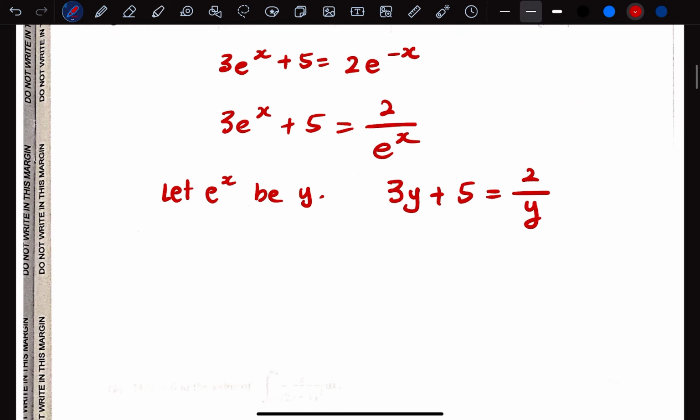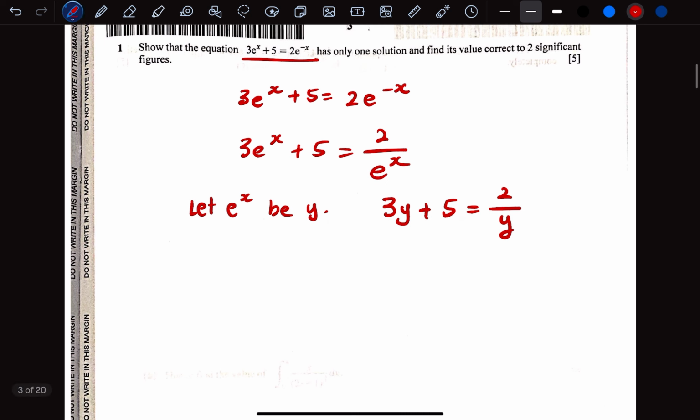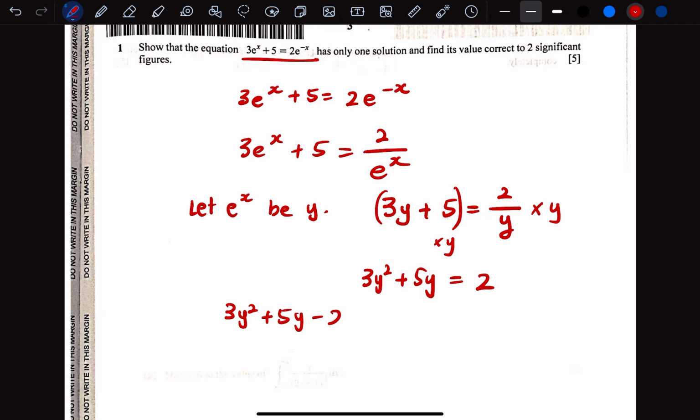And if you can see this very clearly, this thus becomes a quadratic equation because I'm just going to multiply both sides by y. And here I just get 3y squared plus 5y equals 2. Right, I'm going to bring the 2 over. I just get 3y squared plus 5y minus 2 equals 0.